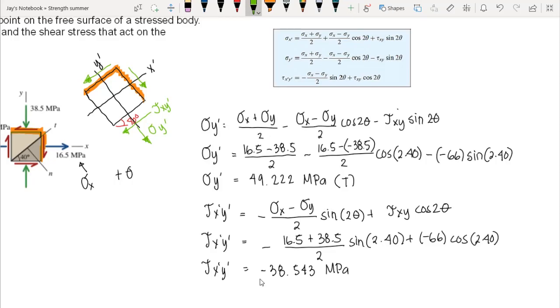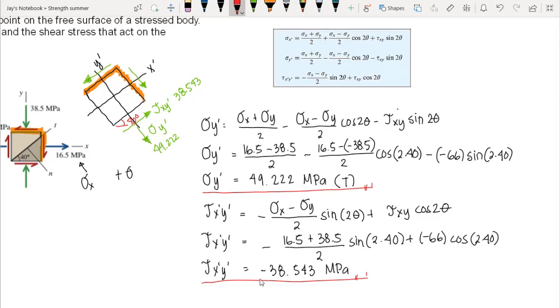So therefore, on the inclined plane, we have our shear stress going to the right, and the value is 38.543, and the normal stress is 49.222. So these are our stresses on the inclined surface on our stress element.